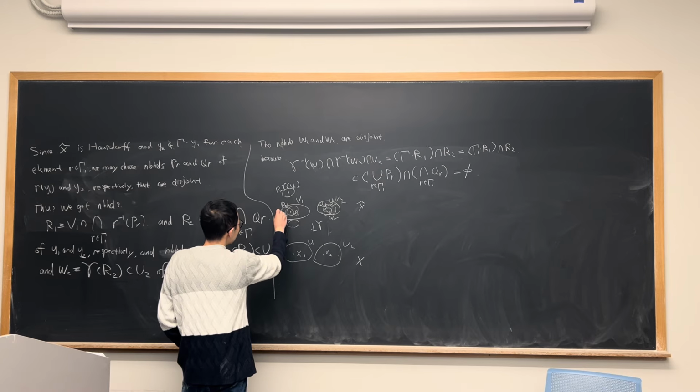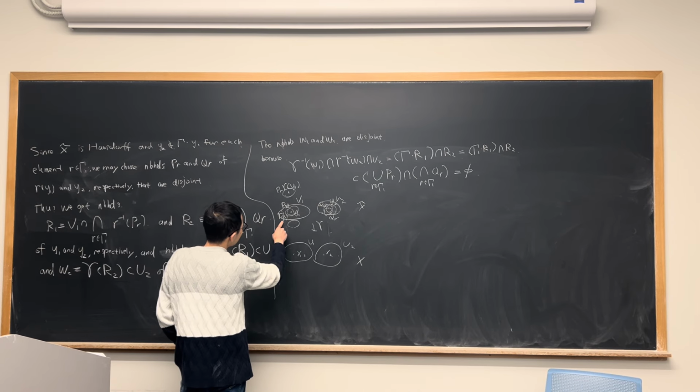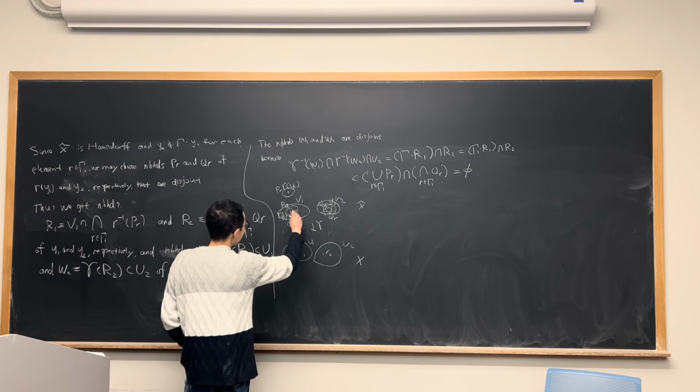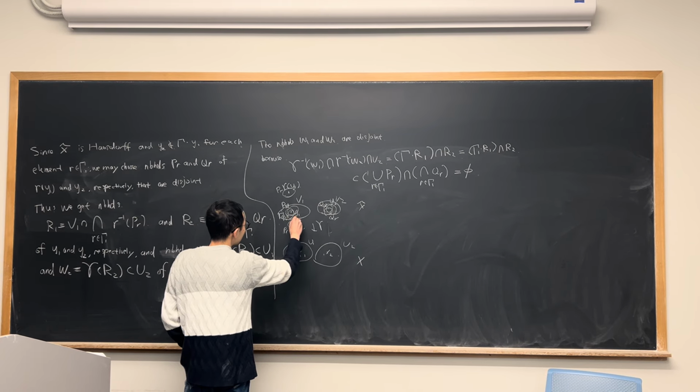Similarly, you do another, so for example this map is R prime, and you do another R inverse of PR prime, and then you get that.